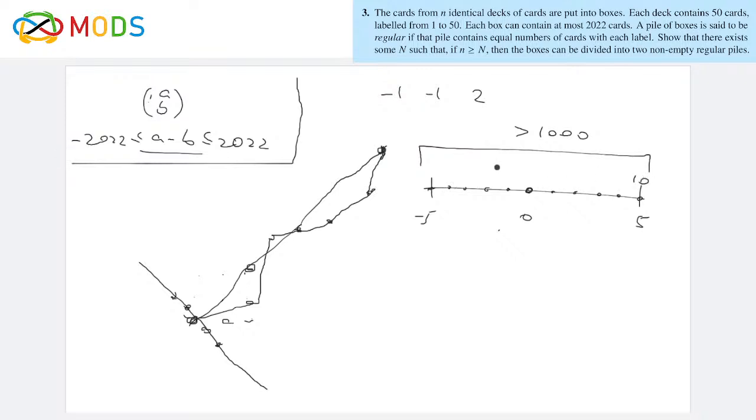Then for the negative section, you can no longer have anything that adds up to 5. But actually, yeah, you can use the lemma.